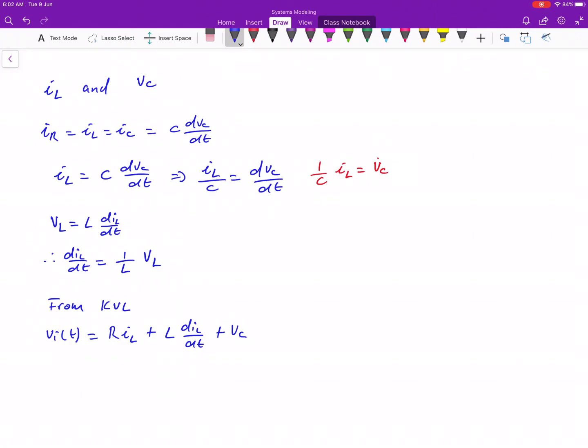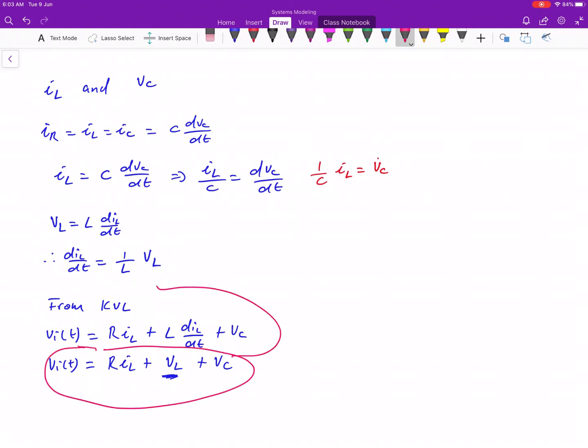We can rewrite this as input voltage is equal to R times IL plus VL plus Vc. I want to write it in the form of VL so that I can substitute that VL into this, because I already found the dIL dt.